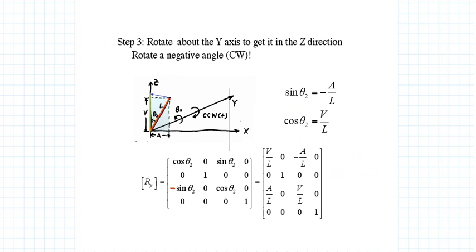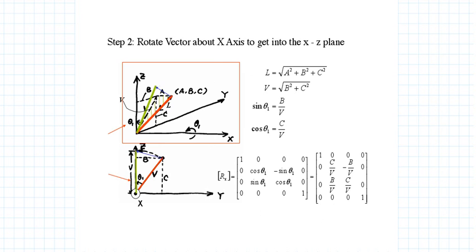If you observe a little bit, sine theta 2 is going to be minus a over L, where L is the length of the line, and cos theta 2 is going to be v over L. This is v.